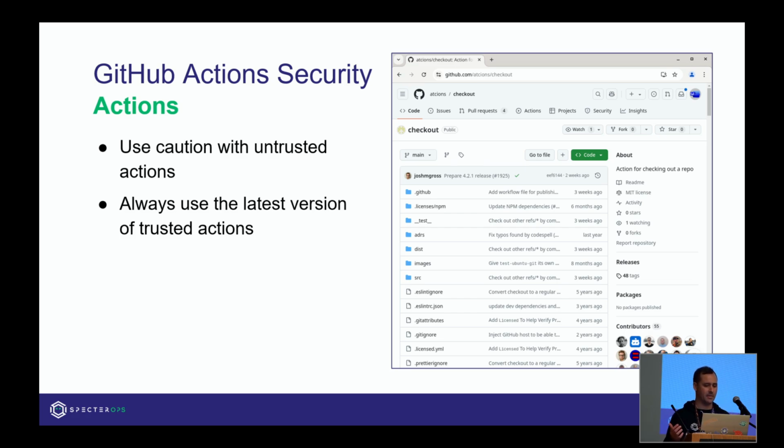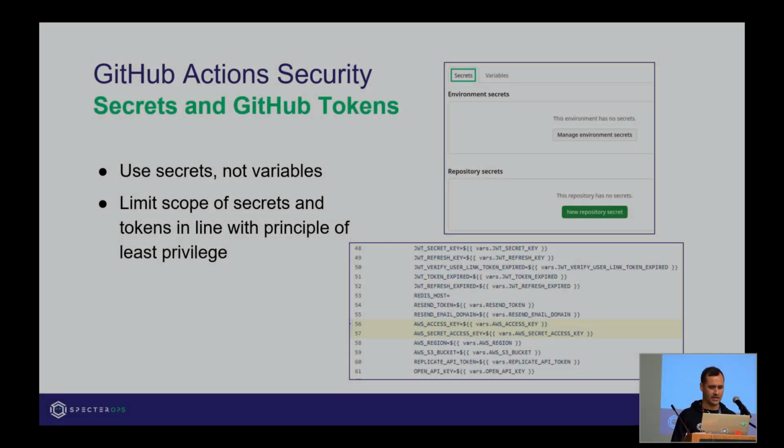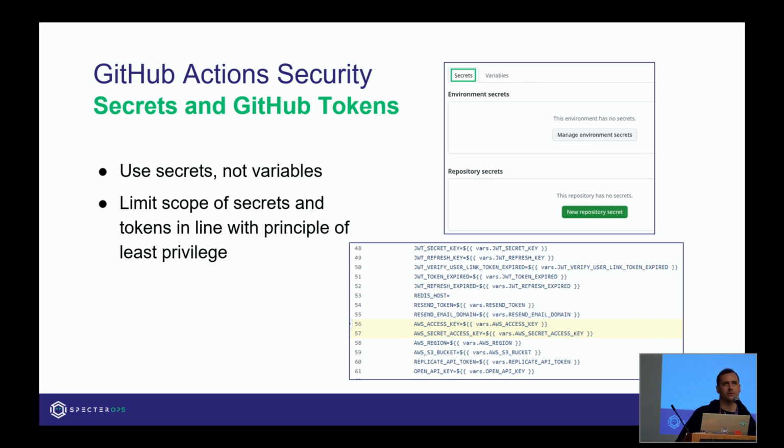And then make sure that whenever you are modifying these things, you're always using the most up-to-date version. And then the secrets and the GitHub tokens. This was a quick search that I did here. On the right at the bottom, we can see there are a bunch of secrets, and they are defined as vars.